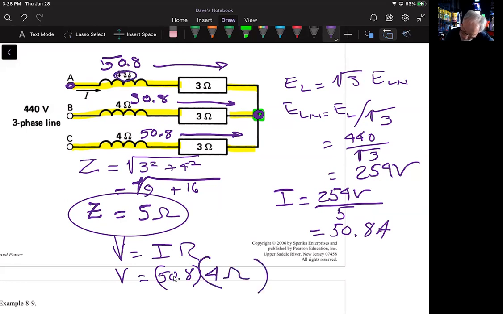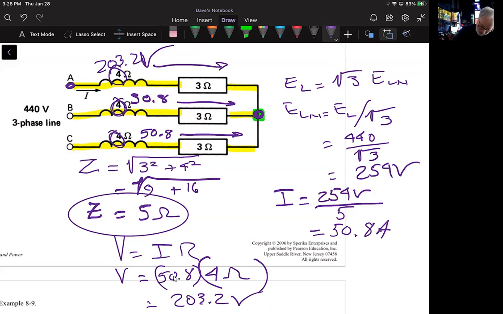And that's going to come out to be 203.2 volts. So if I looked at one of these, that would tell me that across that inductor, the voltage is 203.2 volts. Same for this one and all of them. And that is how we would solve that problem.